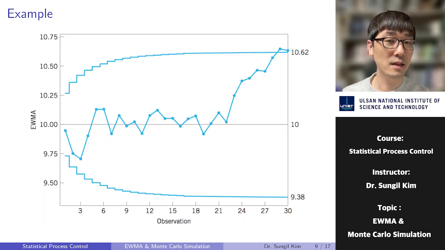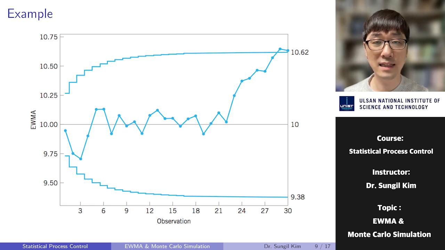This figure shows the EWMA chart and its time varying control limit. Unlike other control charts we have learned, EWMA has a time varying control limit. We can see they eventually converge to the steady state values, which are 10.62 for the upper control limit and 9.38 for the lower control limit in this example.